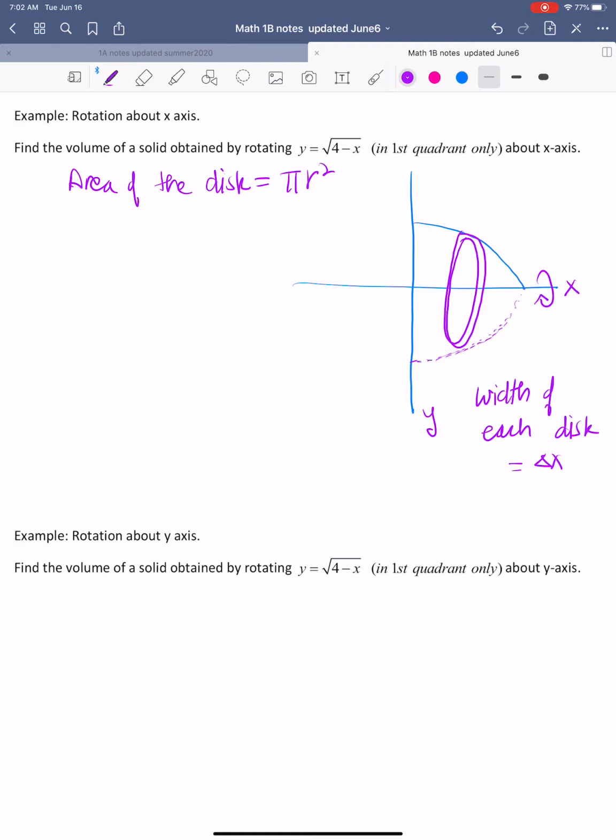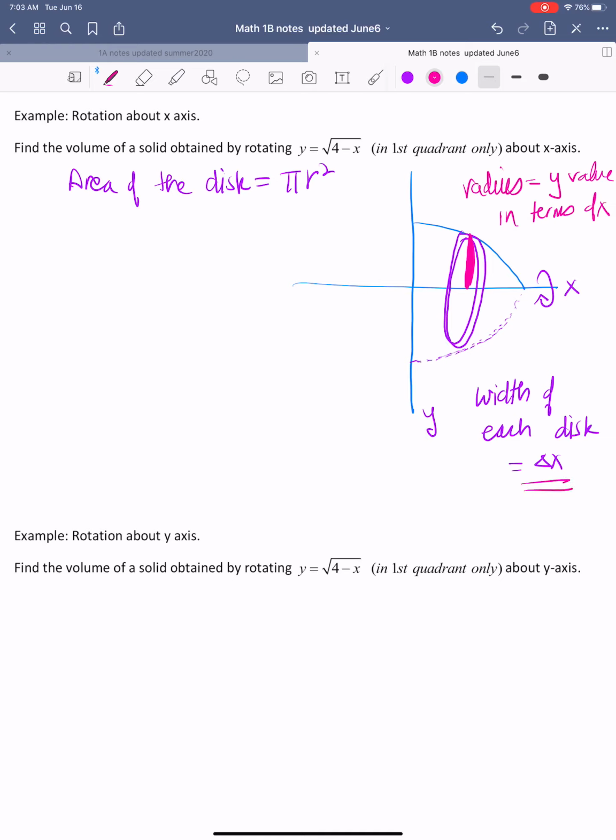I need to think about the radius. What is the radius of the disc? This is the radius of the disc, and I can see it's the y value. Radius is the y value, but we want it in terms of x, because our integral will be in terms of x.